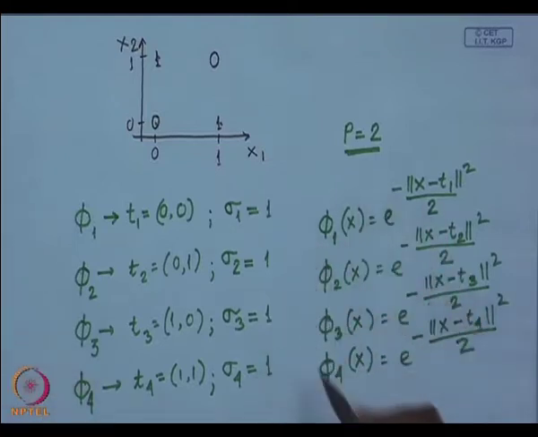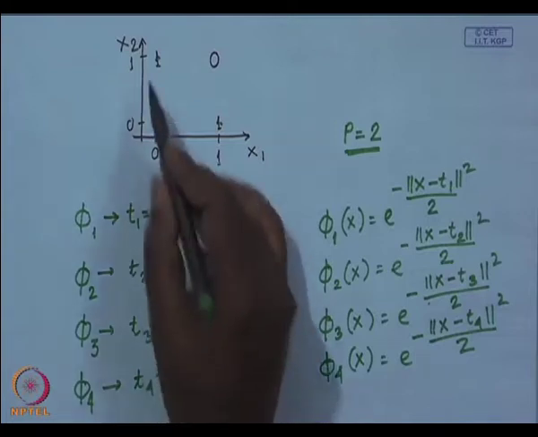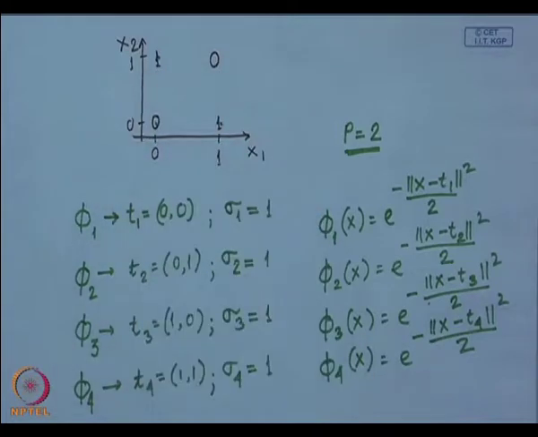So, if I compute these values for each of the feature vectors, taking 0 0 as one feature vector, 0 1 as another, 1 0 as another and 1 1 as another, the functional values will be something like this.